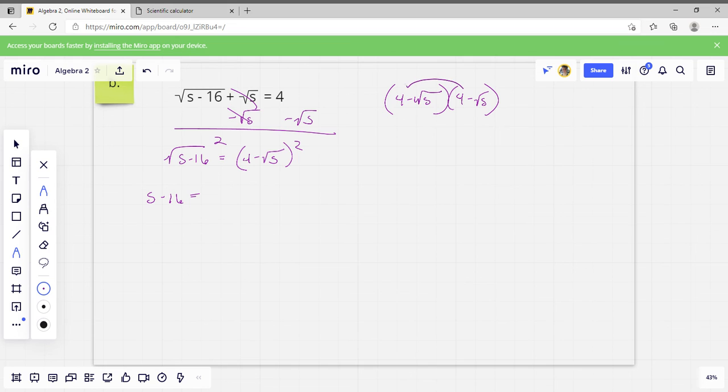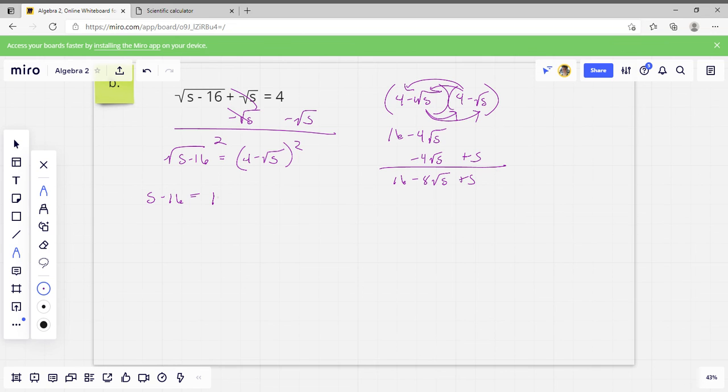Okay, 4 times 4 is 16. 4 times that will be negative 4 times the square root of s. And then that one will be negative 4 times the square root of s. And then that would be positive s. Okay, and I'll get 16 minus 8 times the square root of s plus s.